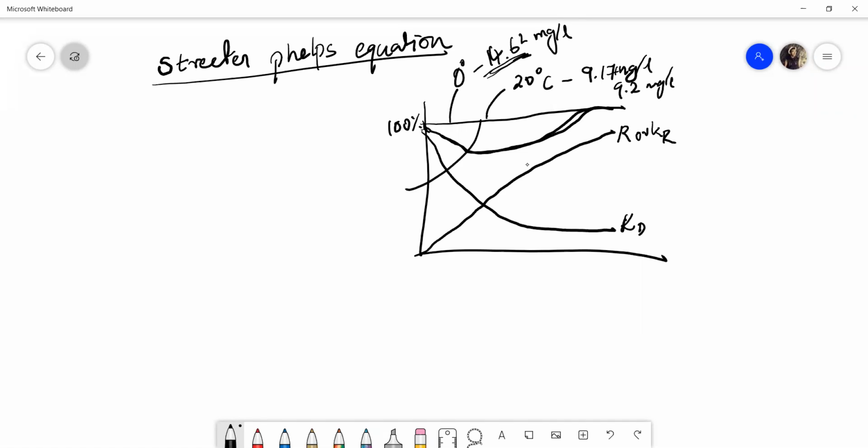Then if it is 30 degrees Celsius, the DO should what? Increase or decrease? Now tell me. When it's 0 degrees Celsius, the DO will be 14. When it's 20 degrees Celsius, the DO will be 9.17. So what will be the DO at 30 degrees Celsius? Whether it will increase or decrease? Yeah, you can use the chat and tell me.